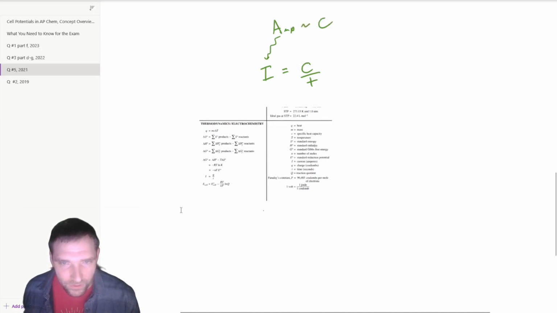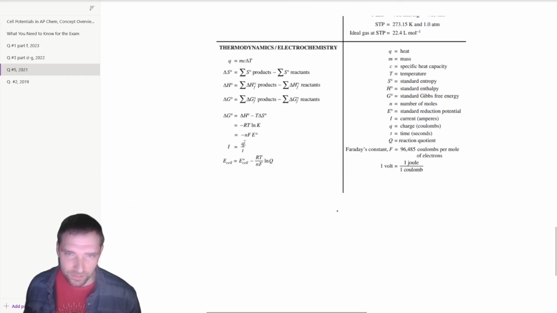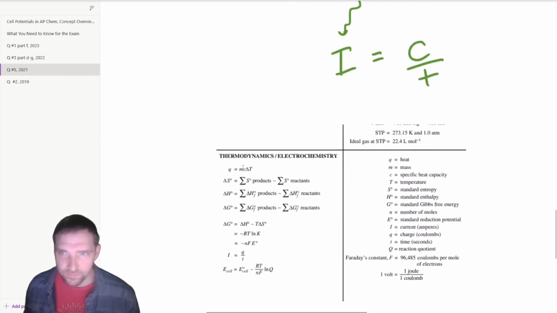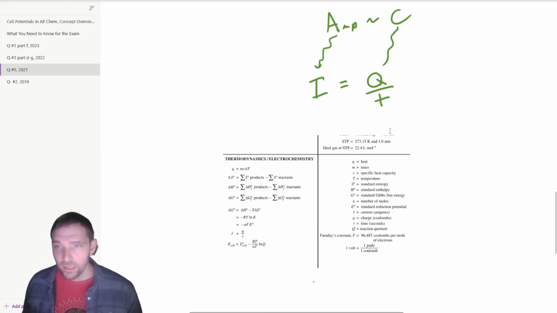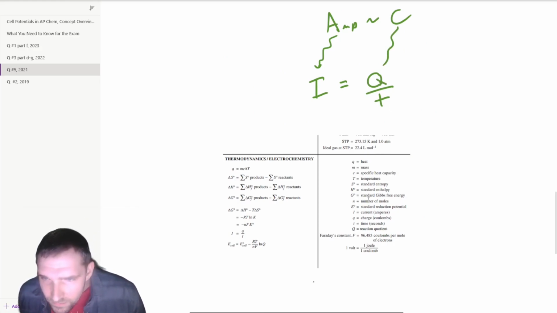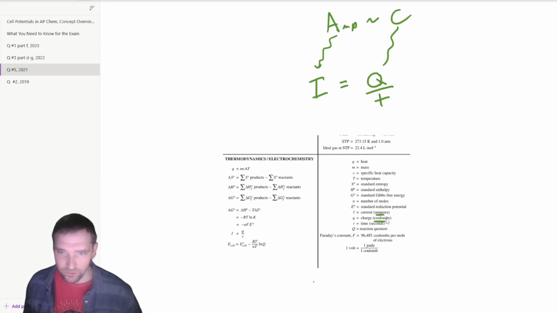And it even gives current there, showing that as Q over T, and Q should be in coulombs. This is actually Q, the charge. And look, they're even showing you that Q is coulombs right there. Coulombs and amperes. So that should help us out.